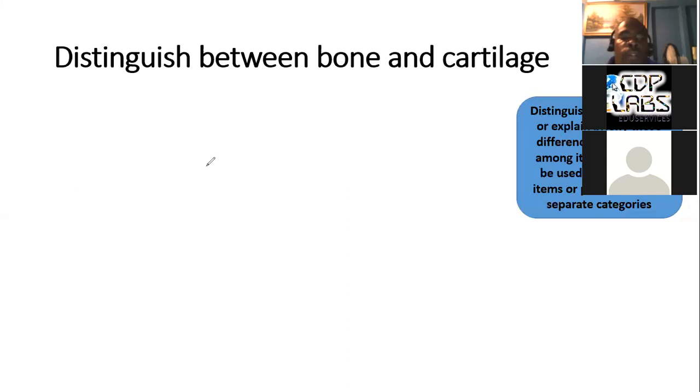So in other words, if you were, say, a doctor, and you want to distinguish the bone from the cartilage, what would you use to make that distinction? What would you use? Anybody?